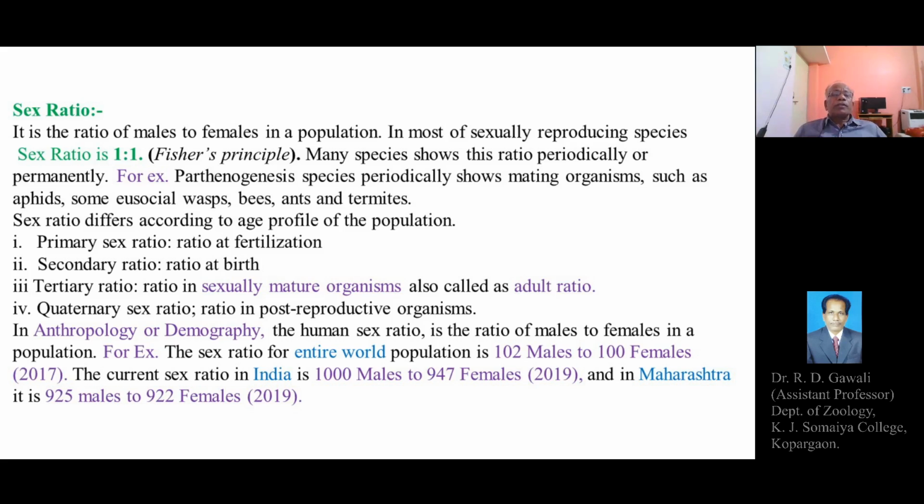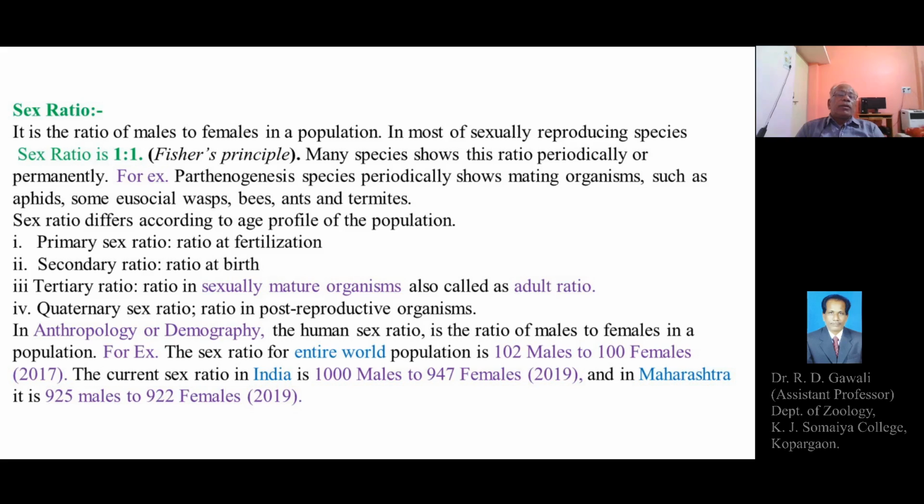Sex ratio differs according to the age profile of the population. There are various categories of age profile in a population, and on that basis there is a difference in sex ratio at different ages.